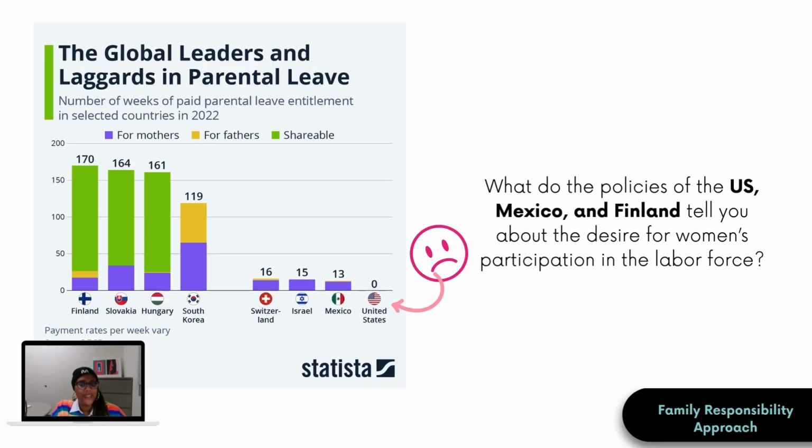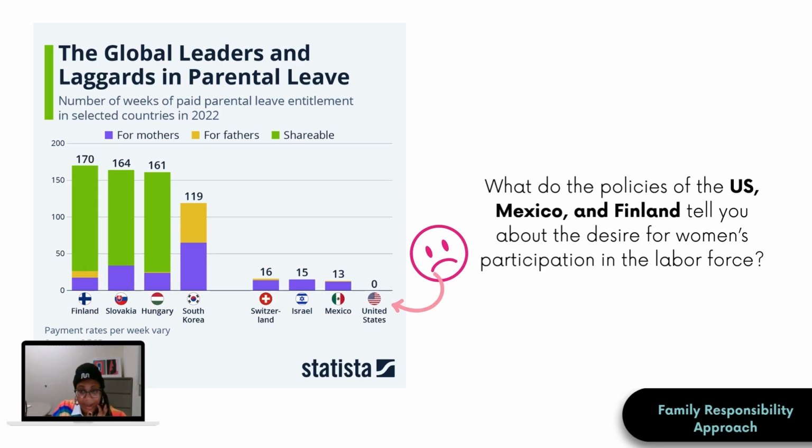So in a special little additive thing here, I want to talk about one major factor involved in family life and work and gender, and that's maternity leave. So government policies on childcare and maternity leave can be viewed as a reflection of how a society sees the proper role of women in a society and whether or not their participation in the labor force is desired.